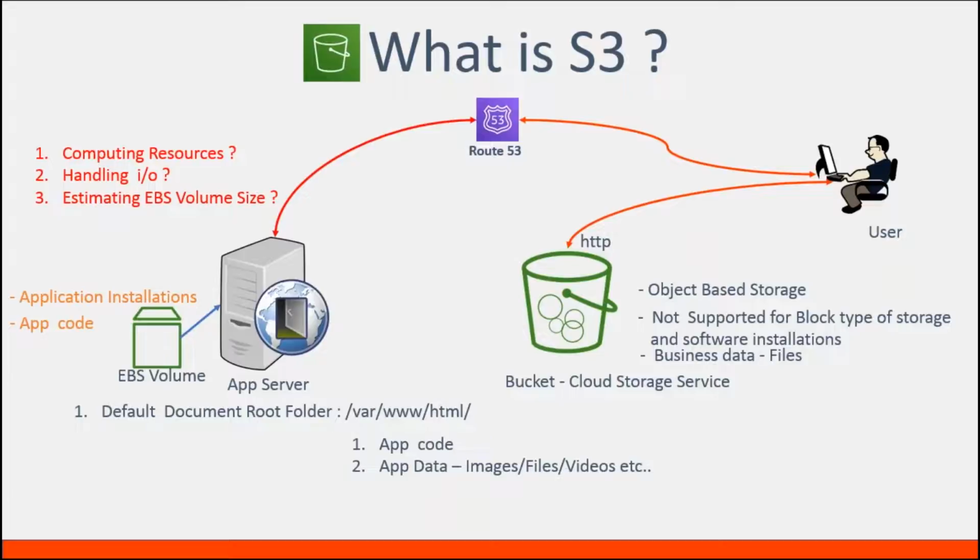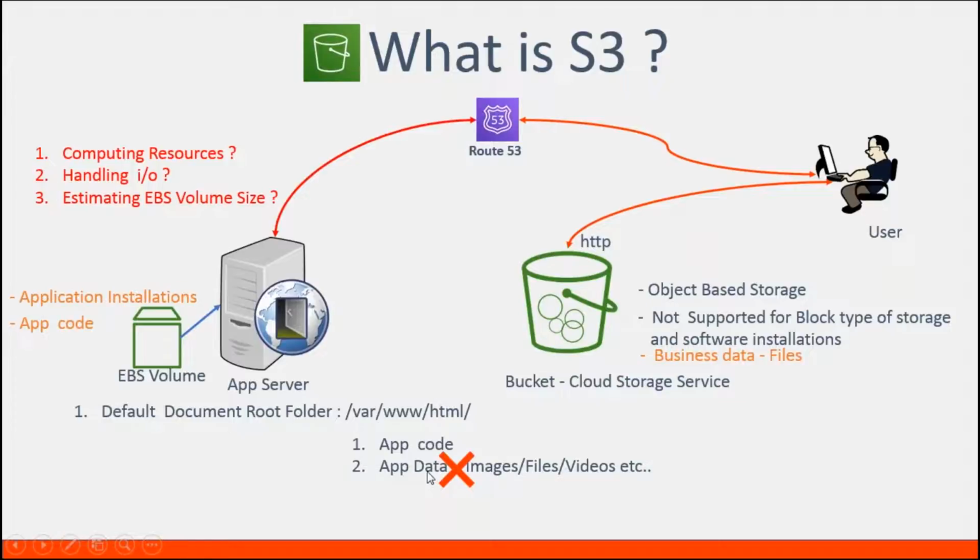I mean to say any data that is updated by the end user. That is great. So the software is installed on the EC2 server and the code is deployed on the EC2 server, but the business specific data will be in an S3 bucket. That is how we are going to plan.